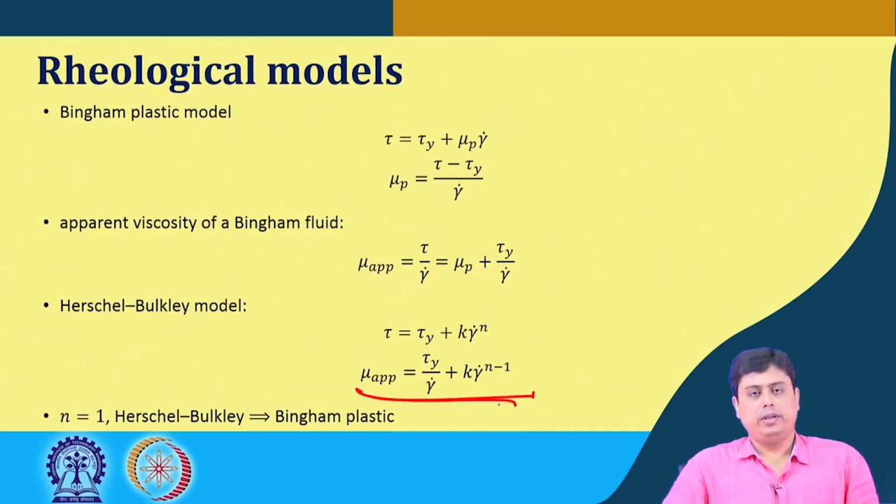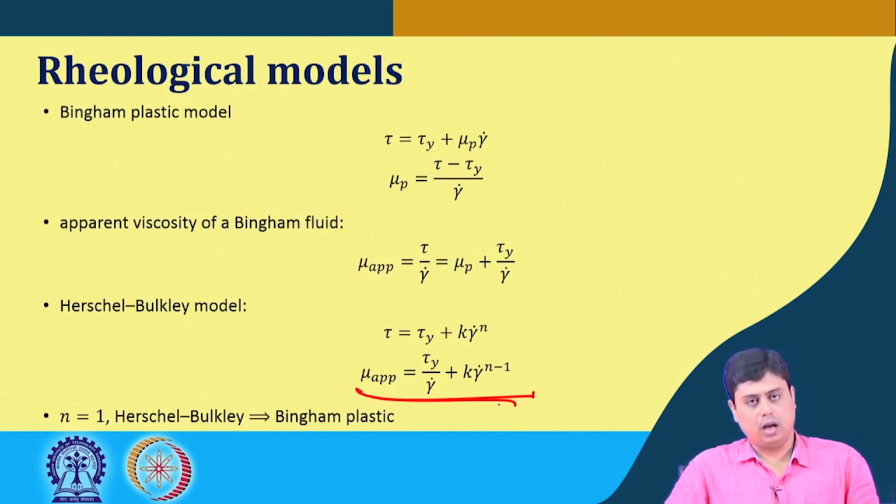And we can understand that if n becomes 1, then earlier the power law fluid was falling back to the Newtonian case.